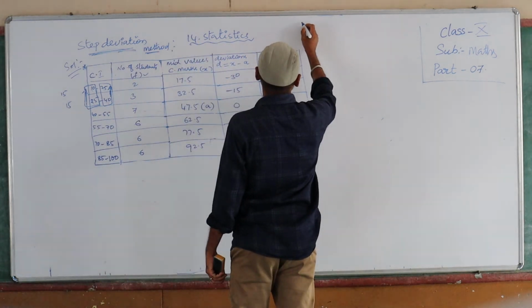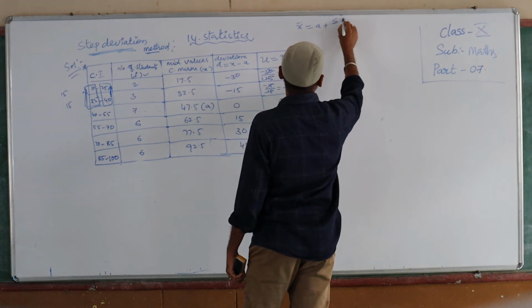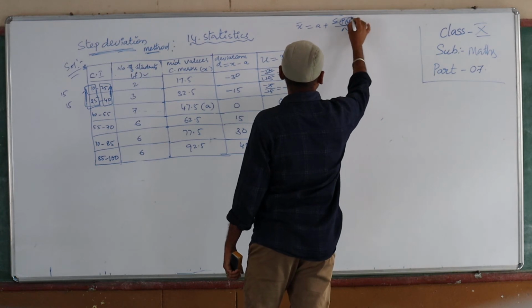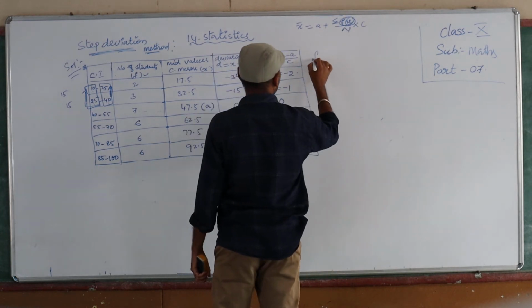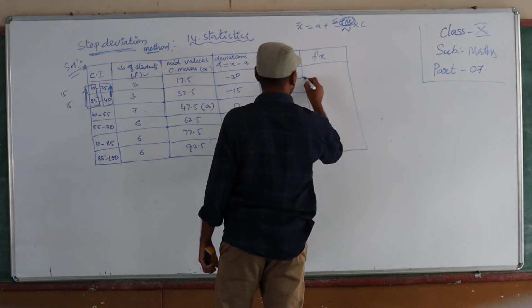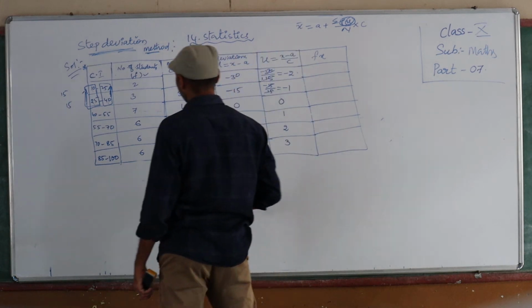Then in our formula, x bar is equal to a plus sigma fu by n into c. Here we need fu, so find fu, which means u values multiplied by f.